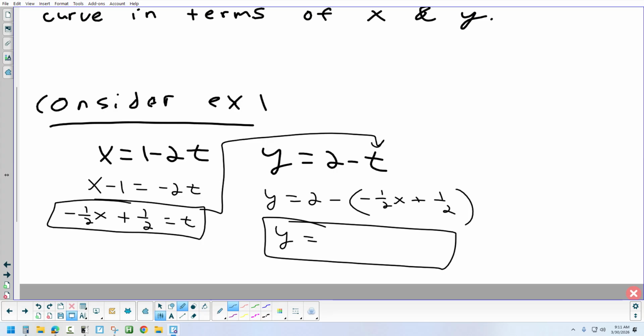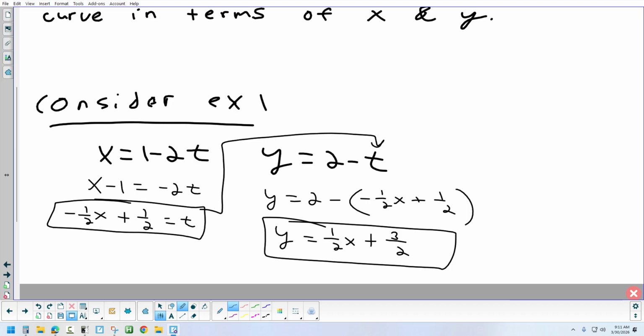Raj? 1/2 x plus 3/2. Yeah, so we get 1/2 x. And then when we distribute, we have 2 minus 1/2, which is 3/2, or 1.5. Or as you said, 3/2, right? Yeah, that's fine. Okay, so we just eliminated the parameter and converted a pair of parametric equations back into a function.